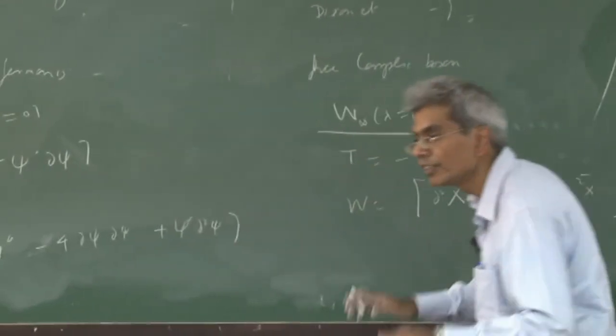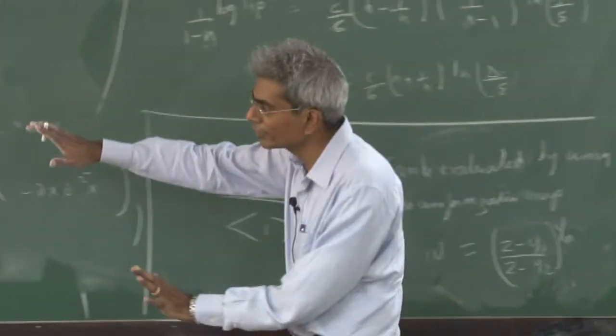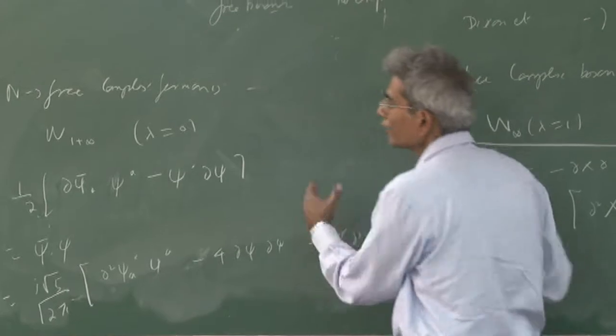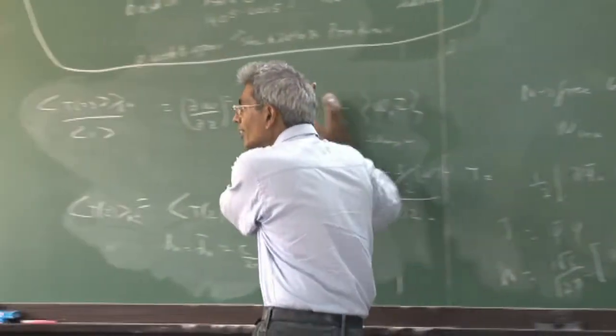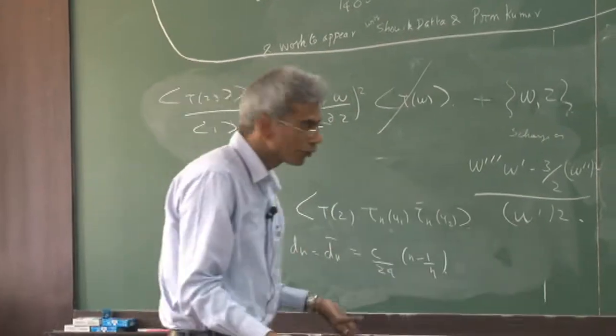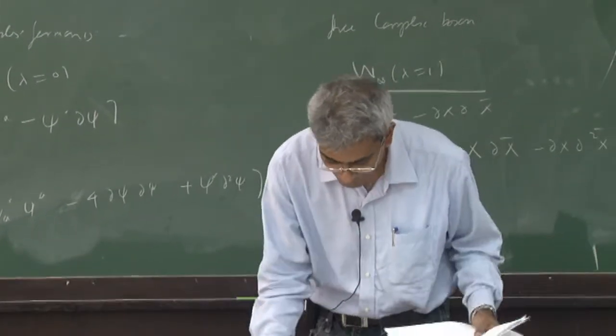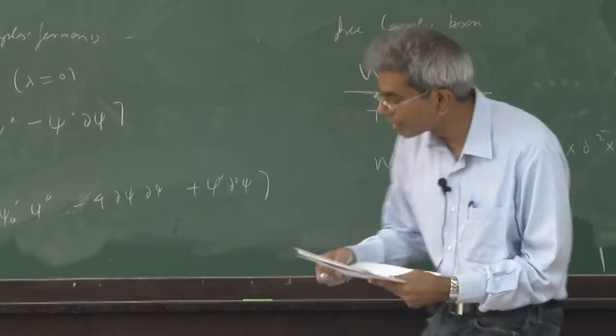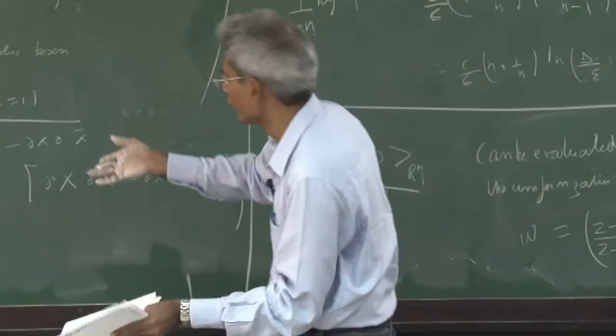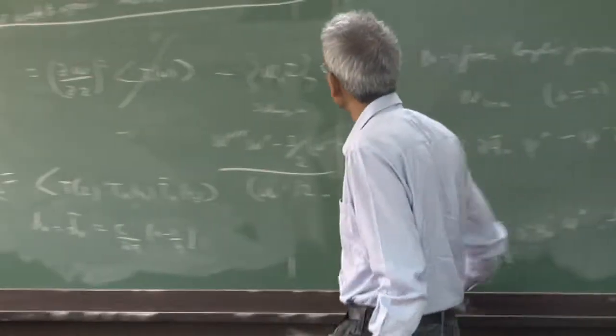So free CFTs admit W currents, and there are these twist operators in free CFTs. Of course, the question which we addressed, we can do this calculation in the free CFTs. Let me at least say roughly how this calculation is set up.